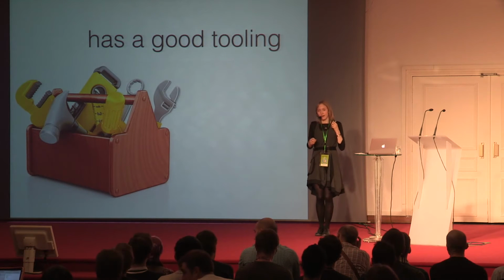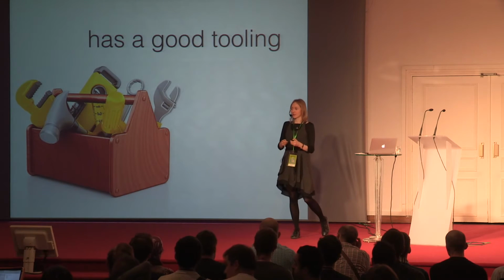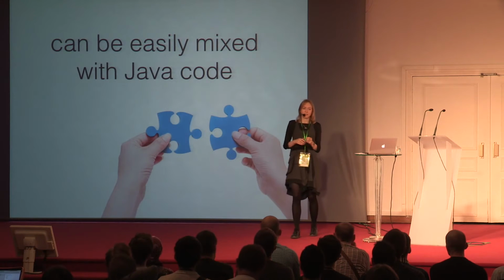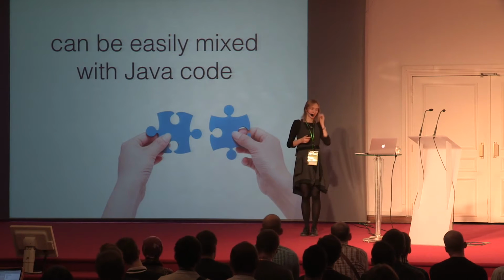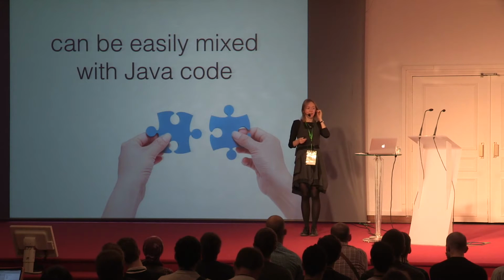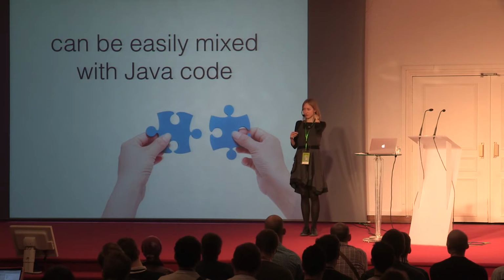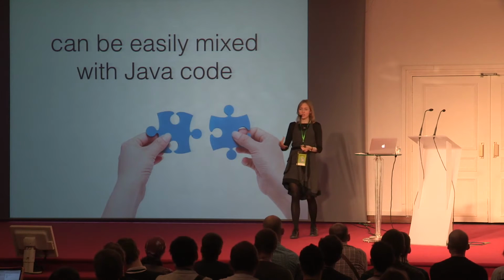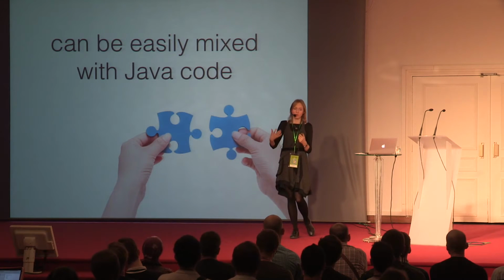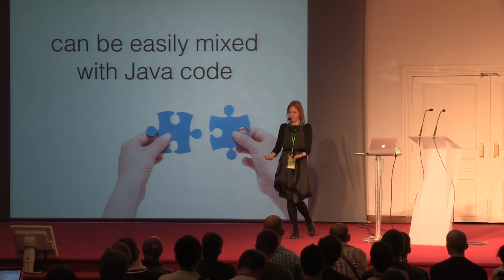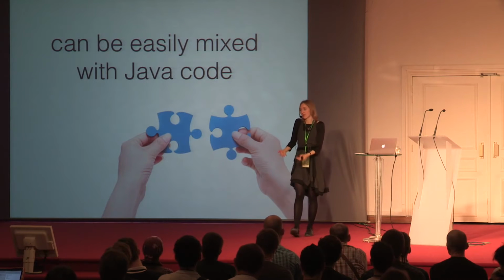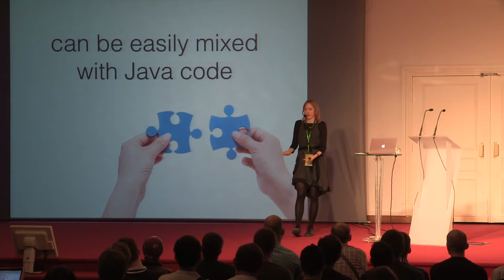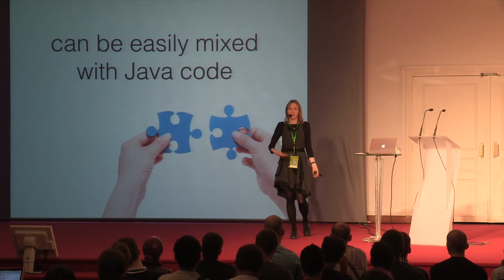Another important thing that to some extent differs Kotlin from some other alternatives is that it can be easily mixed with Java code. And of course, if you use a JVM language, it is often not a problem to call Java from this JVM language, because it is just compiled to Java bytecode, and you can use Java methods.